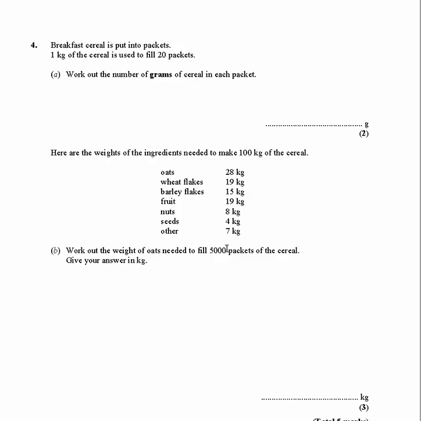Now you've got to do something similar to that. It's not 300, but it's something similar. So use this information, 20 packets weighs a kilogram, to work out how much 5,000 packets would weigh, and then use this list to work out how much oats you need.